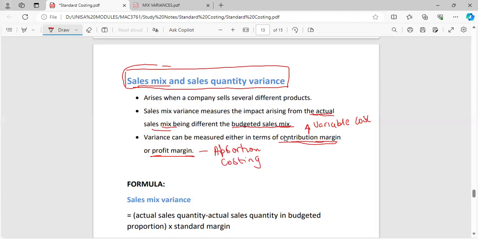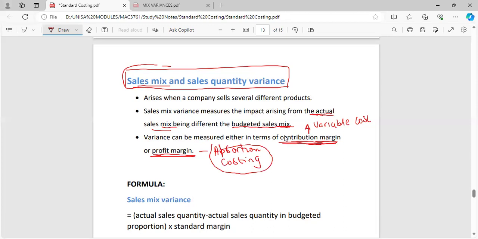So what sometimes can happen is, if in a question you are provided with the profit margin, then you should know that they use absorption costing, but they want you to use the contribution margin, but they give you the profit margin.